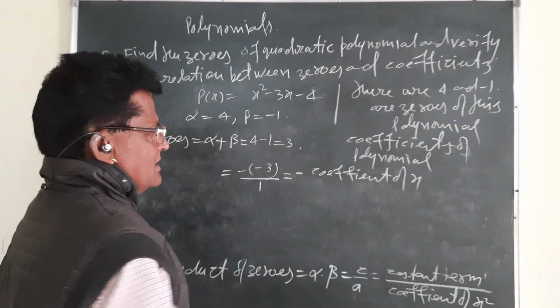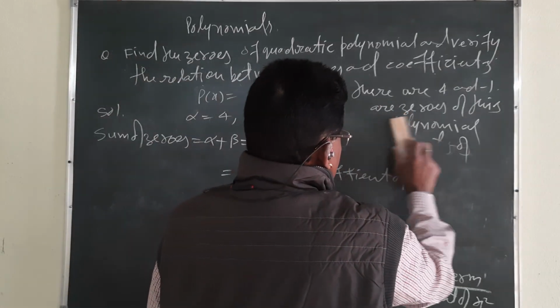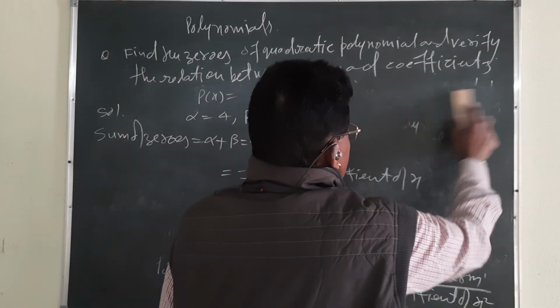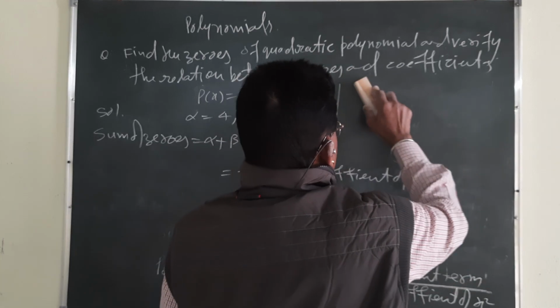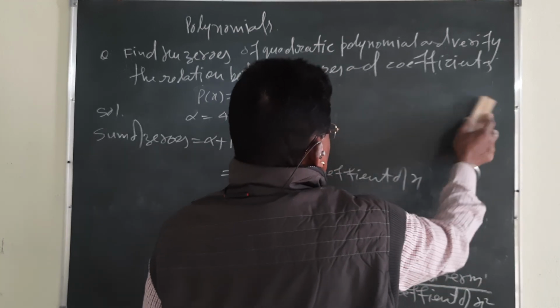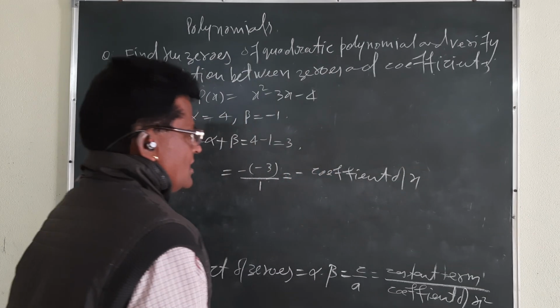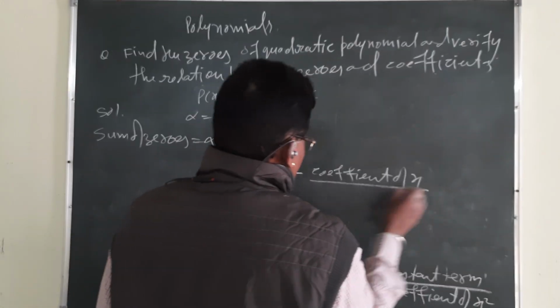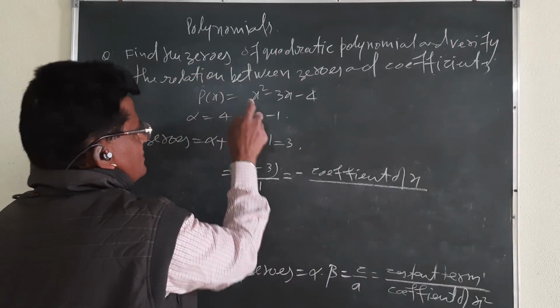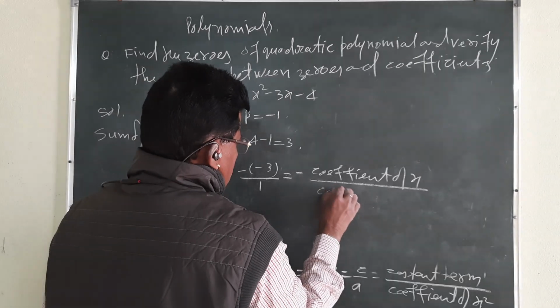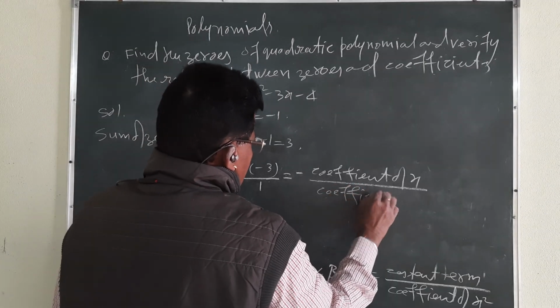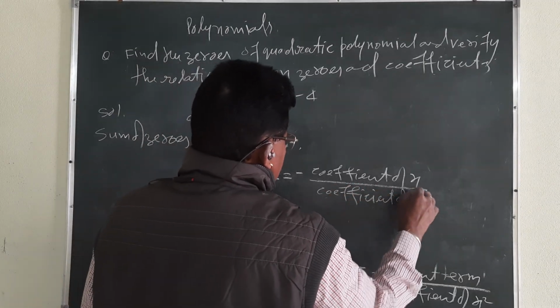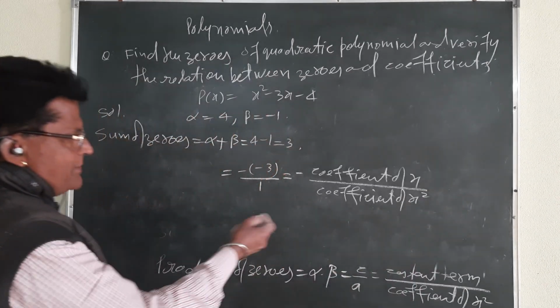I think let me remove it, otherwise it will become very compact and congested, and it will create a problem to understand. Minus 3, that is the coefficient of x. And coefficient of x square is 1. Coefficient of x square. You see, very simple.